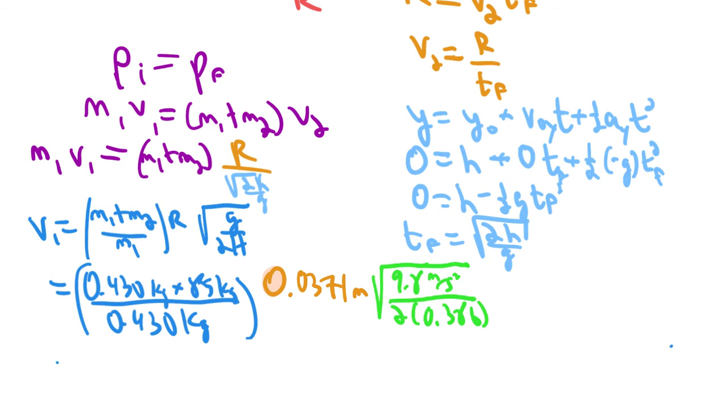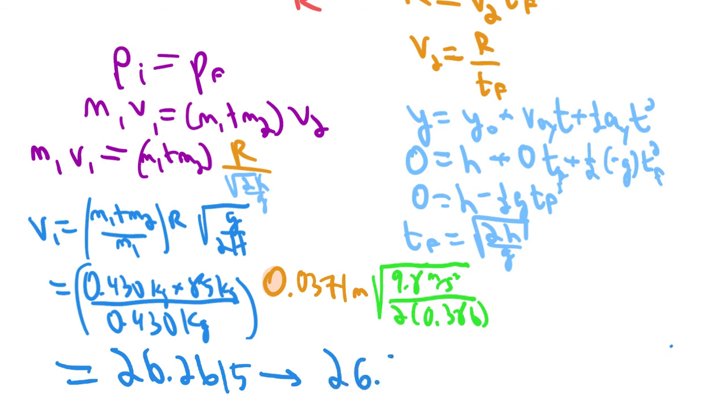And this comes out to be 26.2615. It looks like we've got 3 sig figs everywhere, so 26.3 meters per second. And that is our answer.